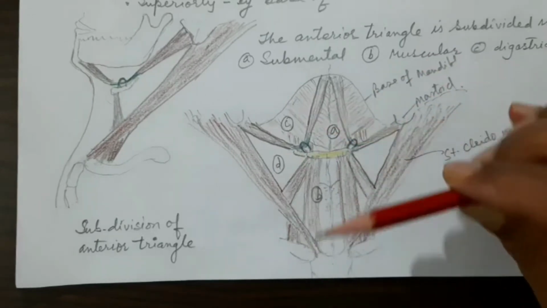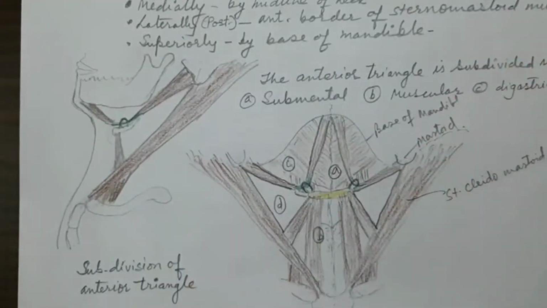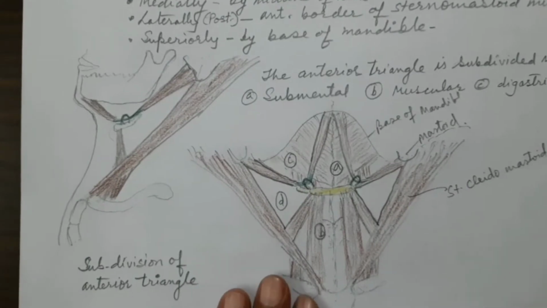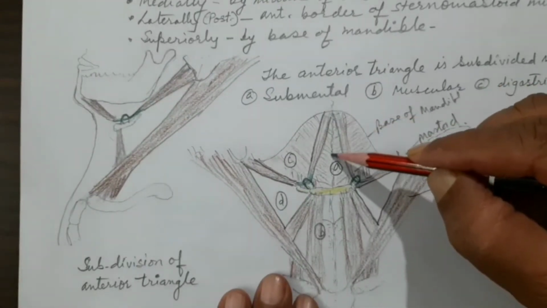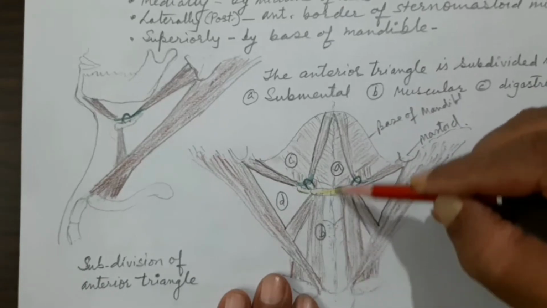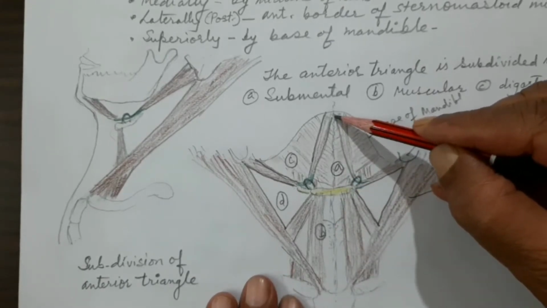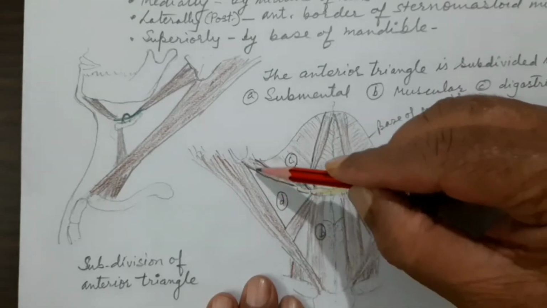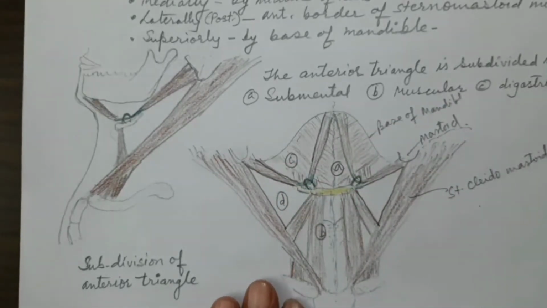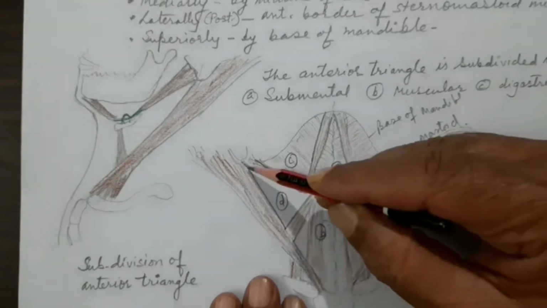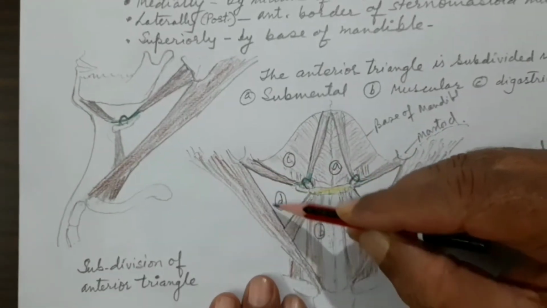Now I will tell you the boundaries of the anterior triangle. Medially it is bounded by the midline of the neck. See this midline? Laterally it is bounded by the anterior border of the sternomastoid muscle. This is that anterior border.